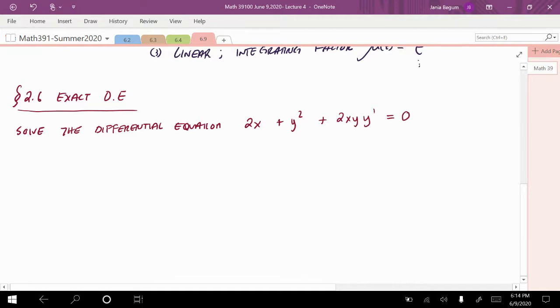So suppose you're given this differential equation. The first thing you want to do is run down the methods and see which one is applicable to find a solution to this differential equation.